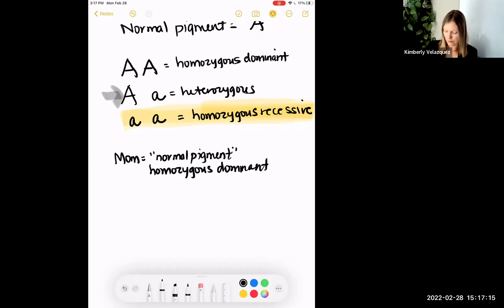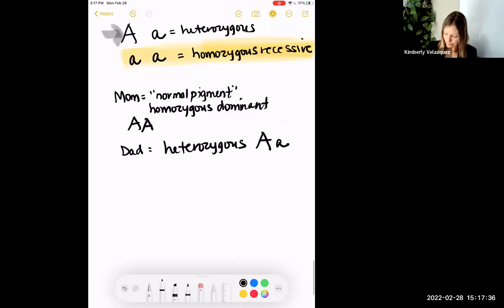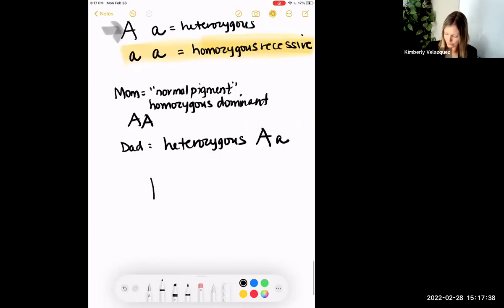That means mom is big A, big A. And let's say that dad is heterozygous. In other words, he's big A, little a. Let's do this cross.